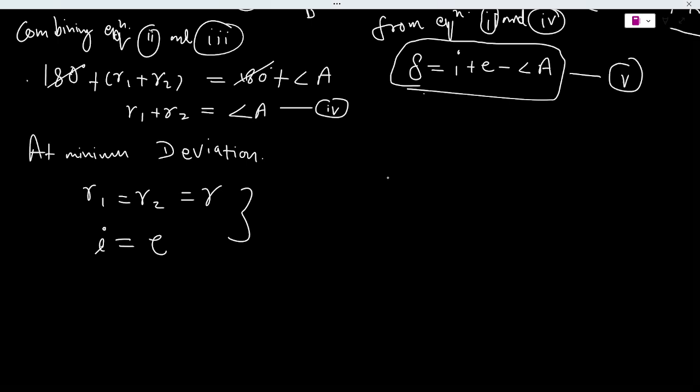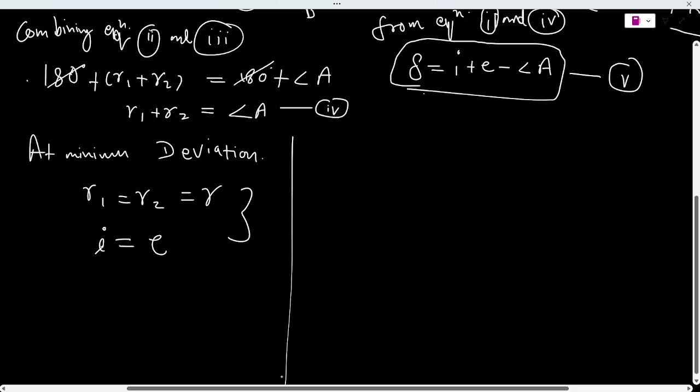And now I have to put the value of E in equation number 5, so that we get the value of I. I am just putting the value of E in equation 5.